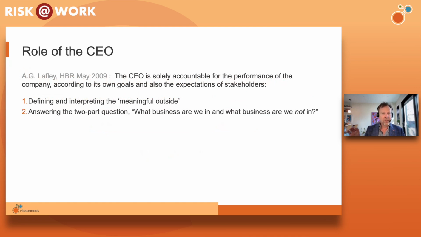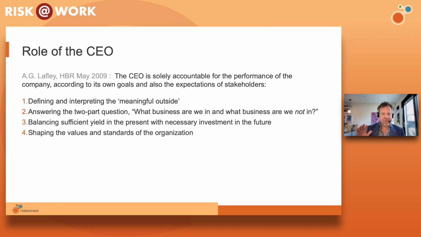Answering the question, what business we're in and what are we not in? So that is effectively establishing the mission, vision, and strategy of the organization. Then allocating resources to balance risk and return over time. And then finally, establish values and standards that should guide decision makers throughout the organization.